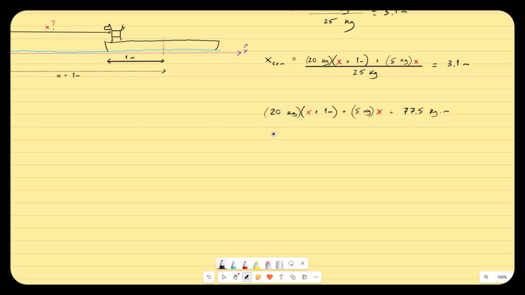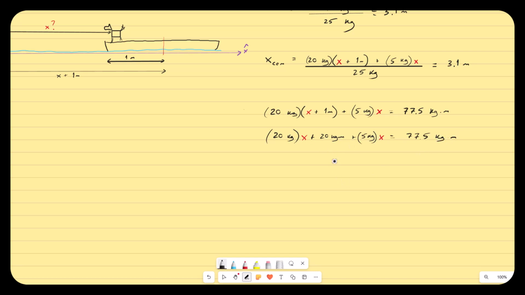I'm going to distribute this out. 20 kilograms times X plus 20 kilograms times 1 plus 5 kilograms times X, and I get my 77.5 kilogram meters.